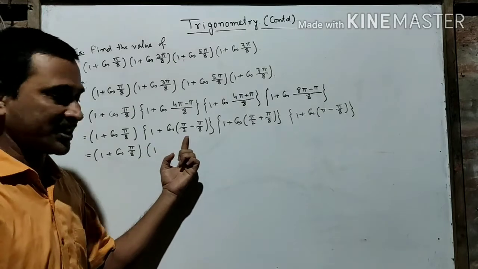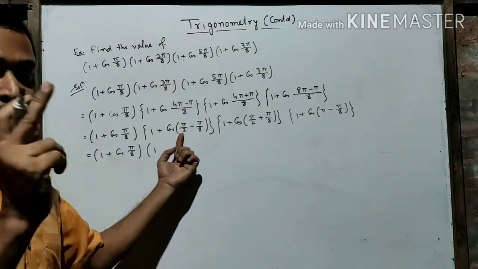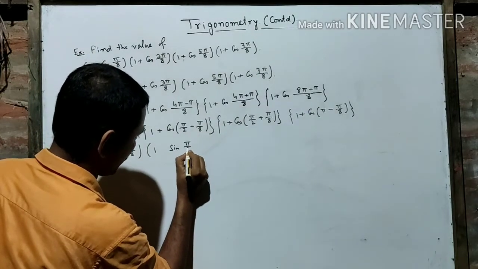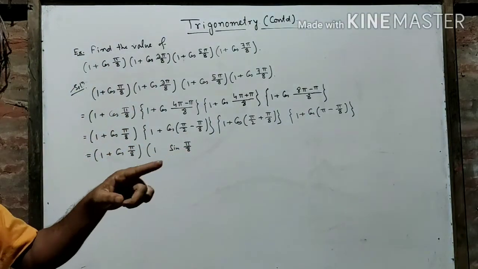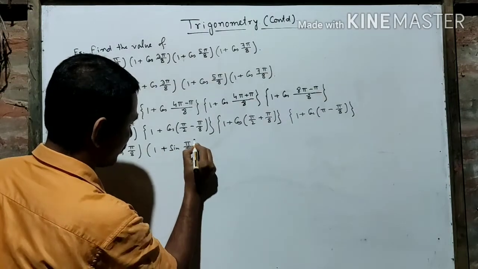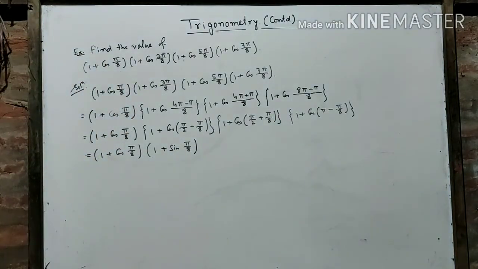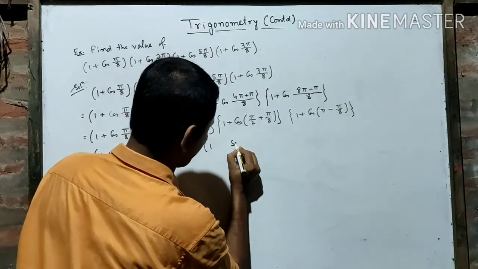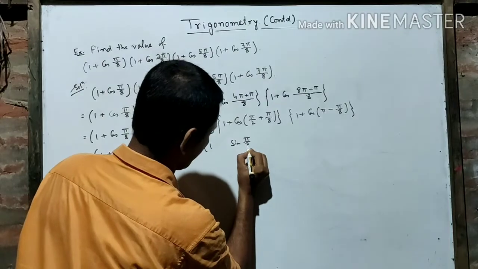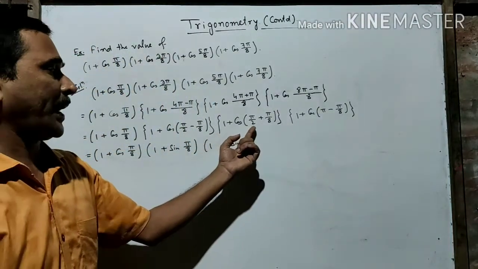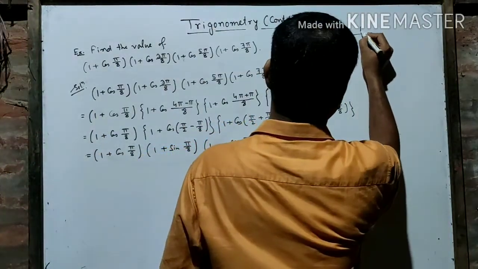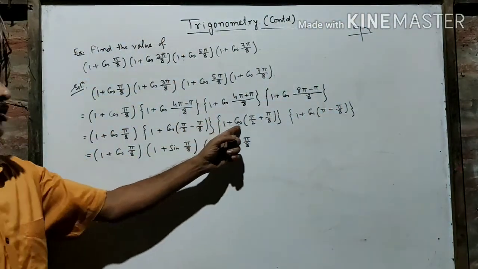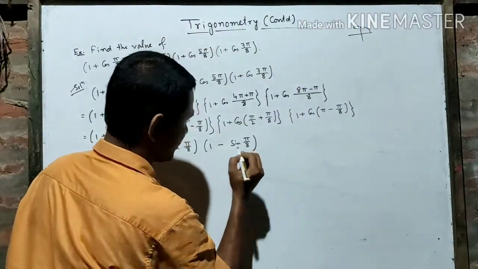Cos of pi by 2 minus theta: pi by 2 means 90, and it is 1 into 90, so the ratio changes, giving sin pi by 8. And 90 minus theta is in the first quadrant, so there is no change in sign. For pi by 2 plus pi by 8, 1 into 90 means the ratio changes, cos becomes sin, and 90 plus is the second quadrant where cos is negative, so there will be a minus.